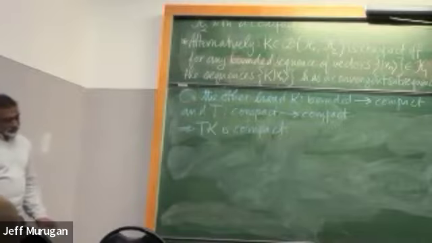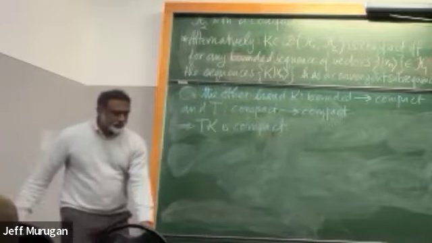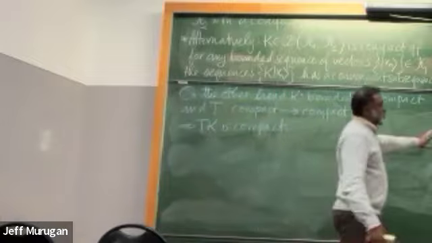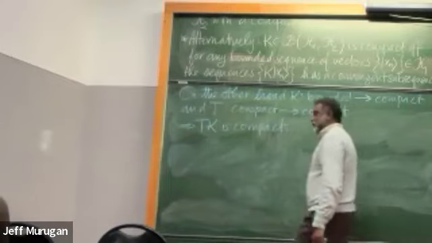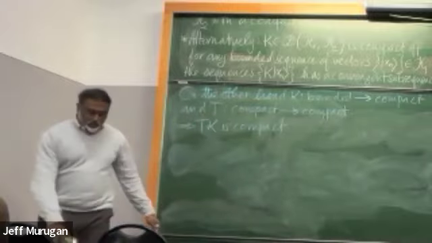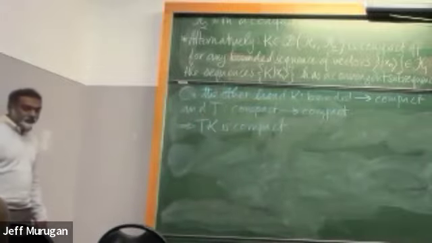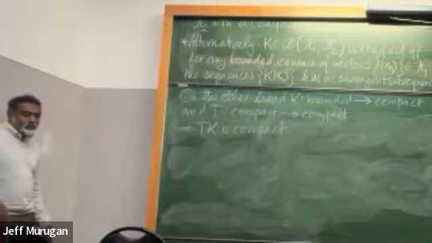A special case of this particular example of the composition of compact and bounded operators is that if I have the product of two compact operators, they must automatically be compact as well.